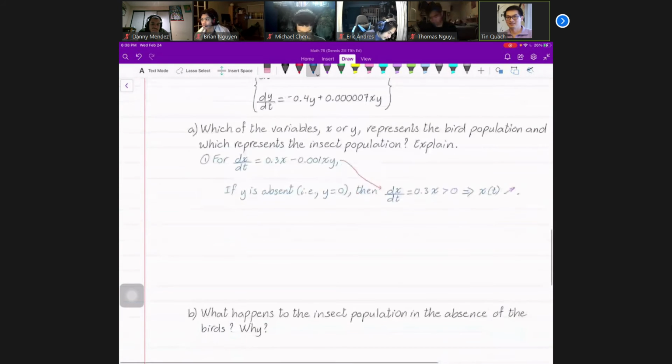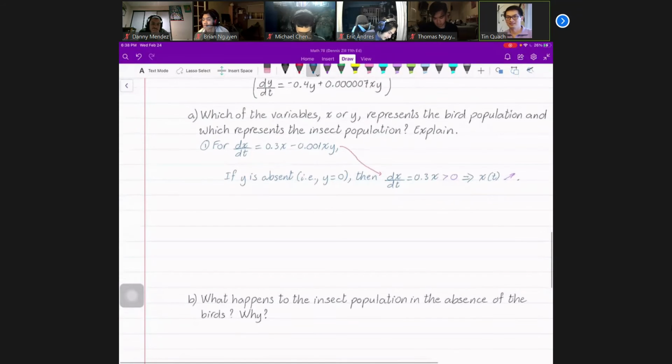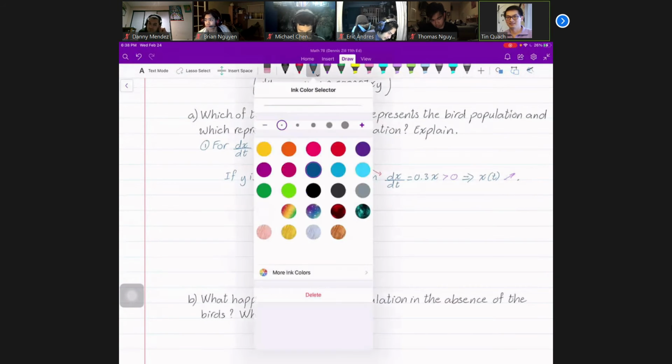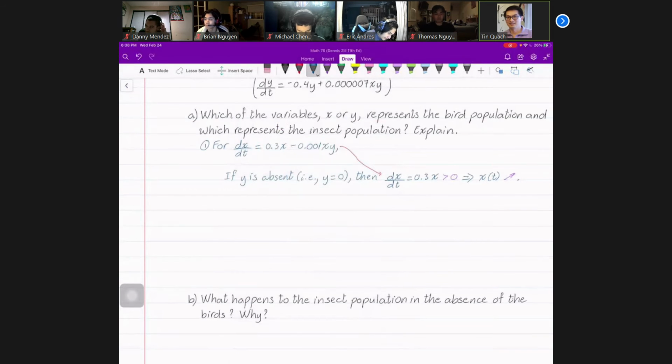And then furthermore, let's look at the y, because we want to double check both, because they might not turn out to be both an insect, right? So that's why you need to check. So the second equation: dy/dt equals minus 0.5 y plus 0.7 xy.